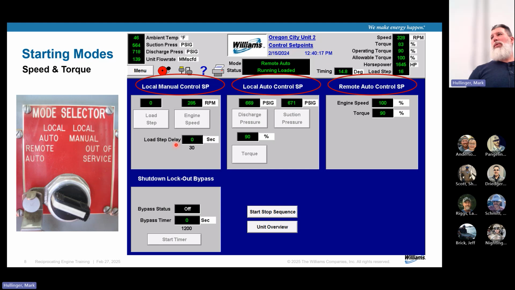In local manual, this is where you control it right at the engine, but gas control cannot touch any buttons. Over here, you can actually put load step in, and load step is another way of saying torque. Reciprocating engines have load steps, which means pieces of volume you can open and close.